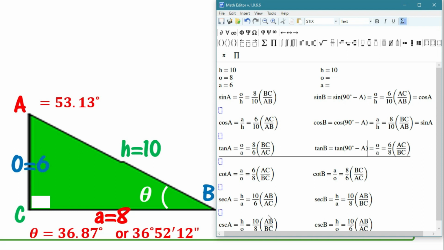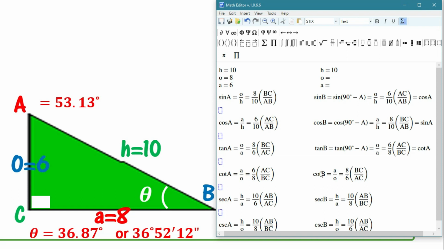Dito sa 6 na nasa left. That is actually can be found kay cotangent A. Ibig sabihin, tangent of B is indeed equivalent to cotangent of A. That is why it is named cotangent, because tangent and cotangent are co-functions.